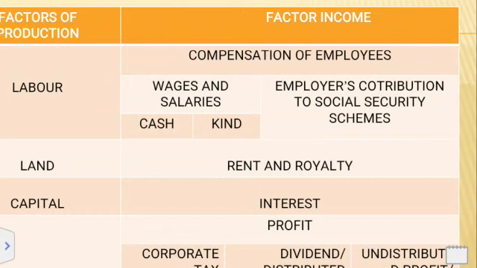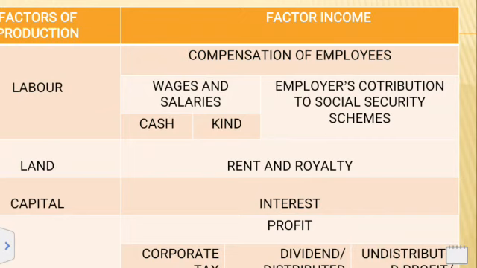Sometimes in the question you will get the term employee's contribution to social security scheme. They will give it only to confuse you, but employee's contribution will at no cost be included under compensation of employee, because the employee contributes from his or her wages or salaries. It is already included in the wages and salaries part.